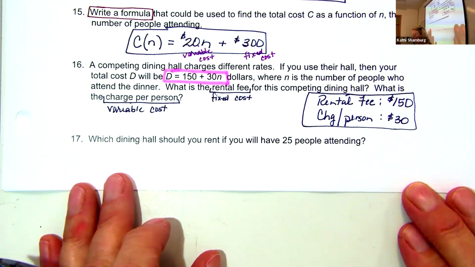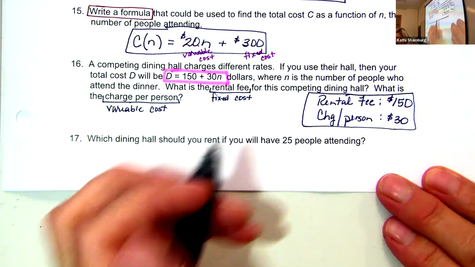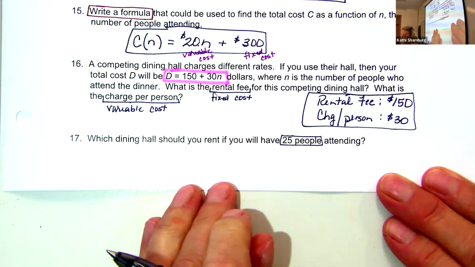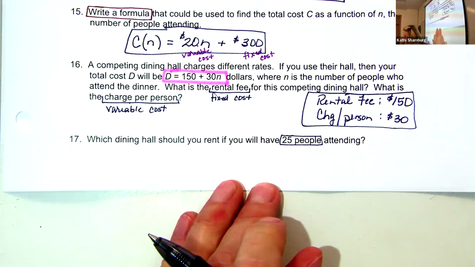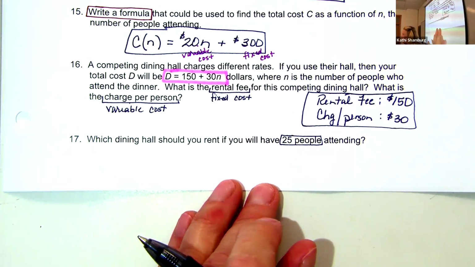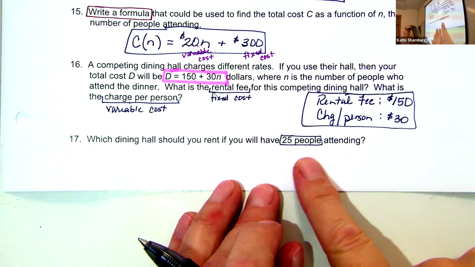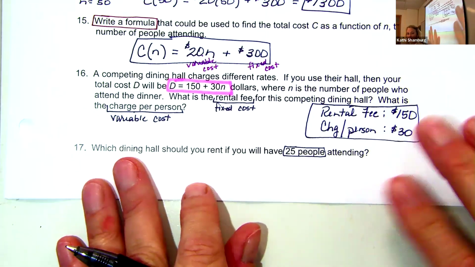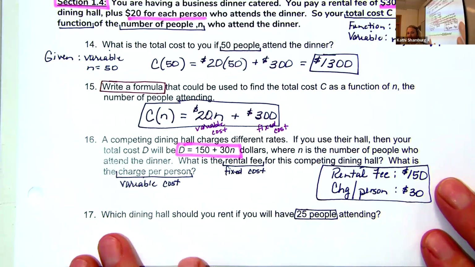Which dining hall should you rent if you will have 25 people attending? So did they give me C equals 25 or N equals 25 or D equals 25? N is people, so this is your variable. So we have two different halls that we could rent from.